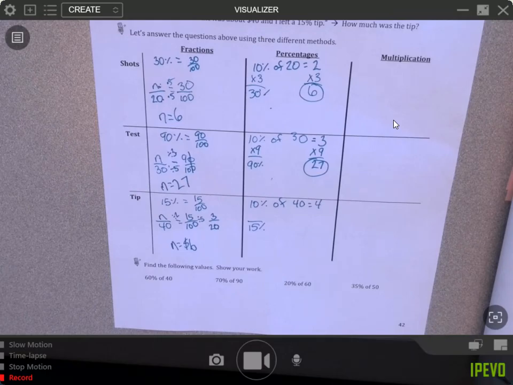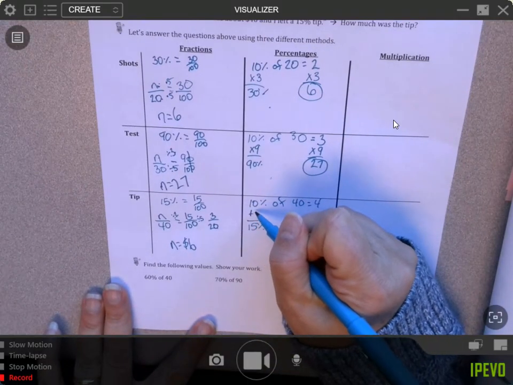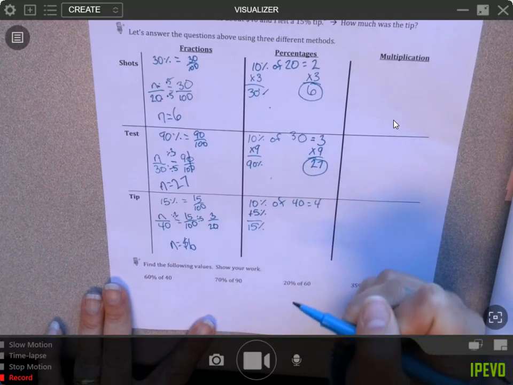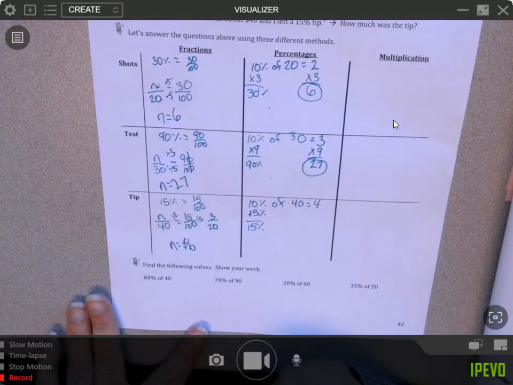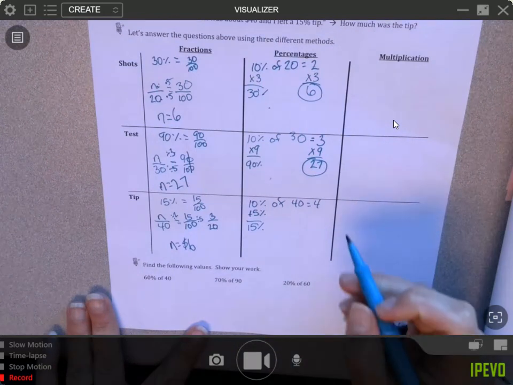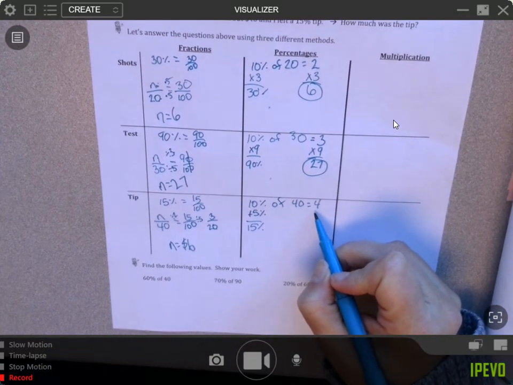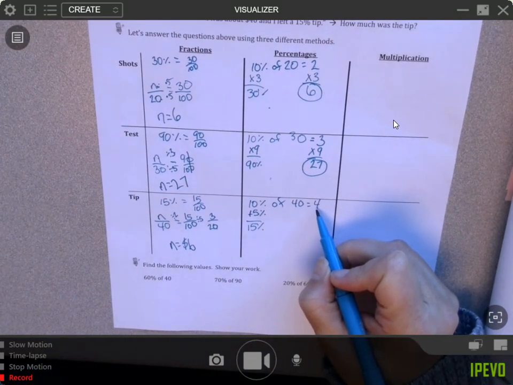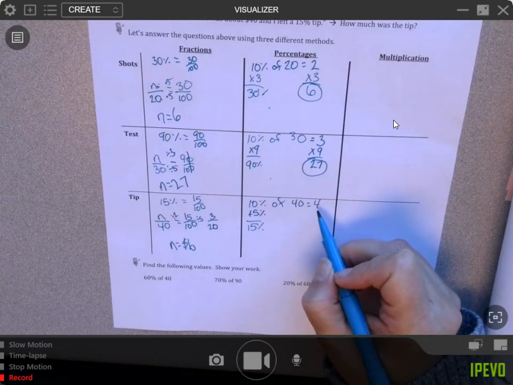I've got an easier way. Luke? Add what? Add 5. We're going to add that 5% to get to that 15%. So now, can we add 5% to a 4?